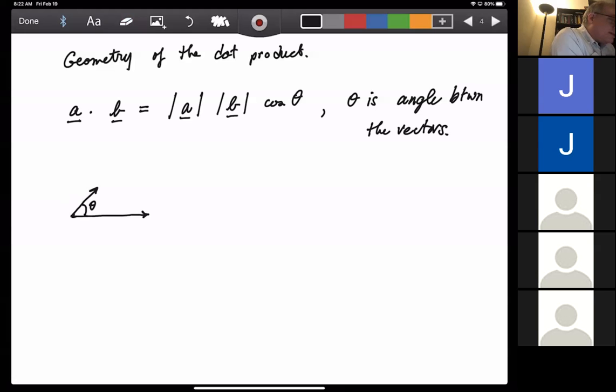There's a proof of this given in your book, and it's just a calculation, really. It's based on the law of cosines.